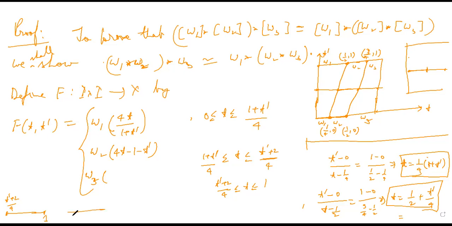First you want to map it to 0, 1, and then you want to apply omega 3. How will you map? First you translate it: t goes to t minus t prime plus 2 upon 4. Then what is this?